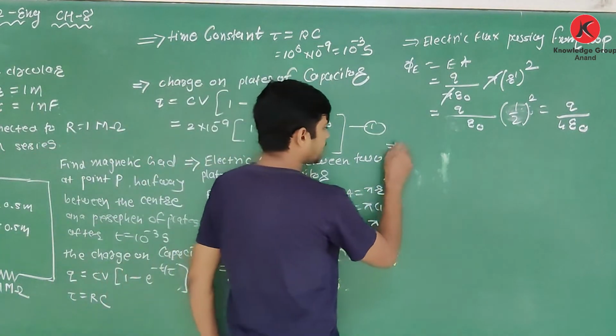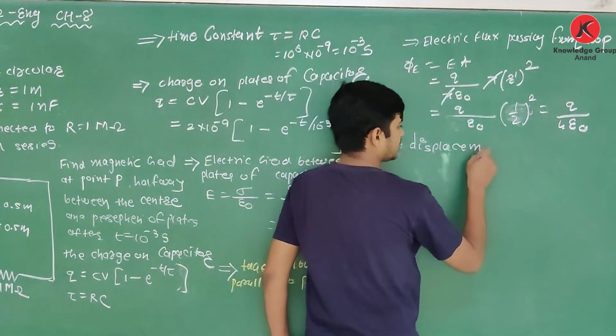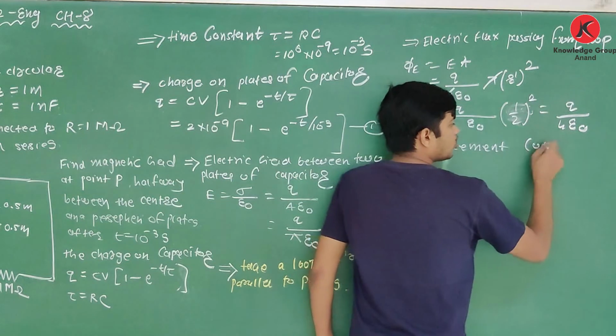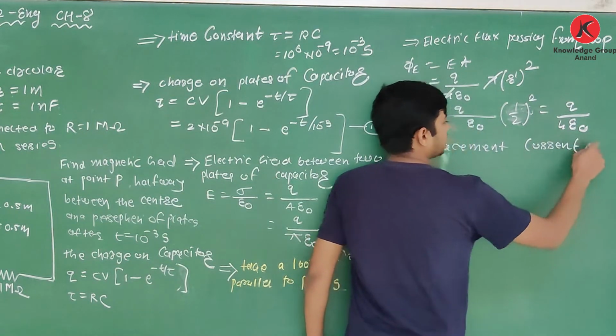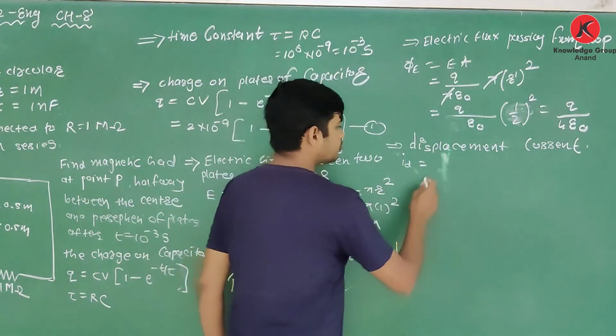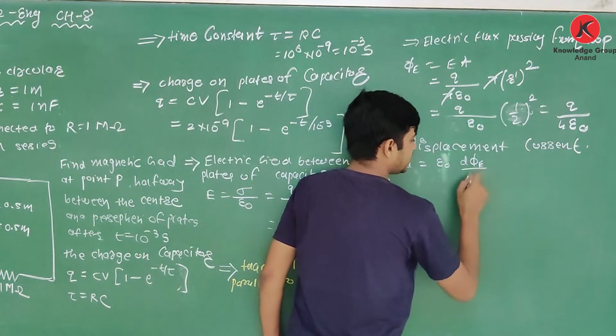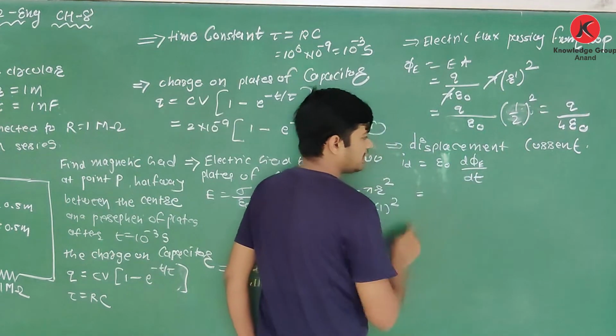Now the displacement current. What is the displacement current? You know the equation of displacement current, that is I D. I D is equal to epsilon 0 d phi E upon dt. Yes, we have obtained one equation.